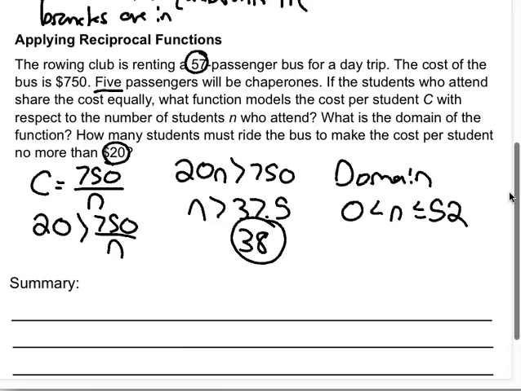Because again of that dilemma of we need 5 chaperones, so 5 of those spots are going to be taken up by chaperones. We can only take up to 52 kids. And if we want the cost to be no more than 20, we're going to need 38 students because they're the only ones splitting up the cost, not the chaperones.